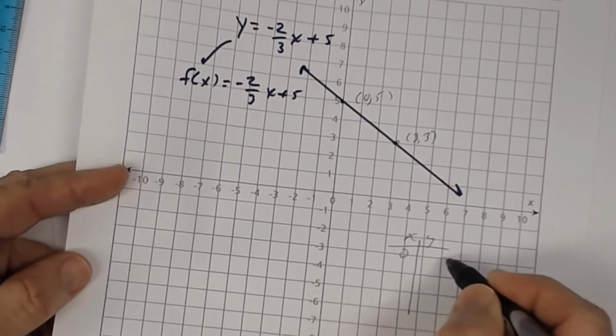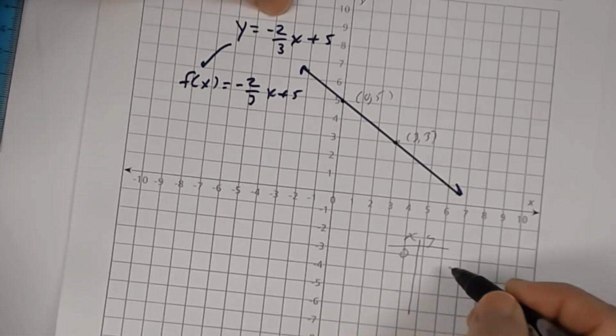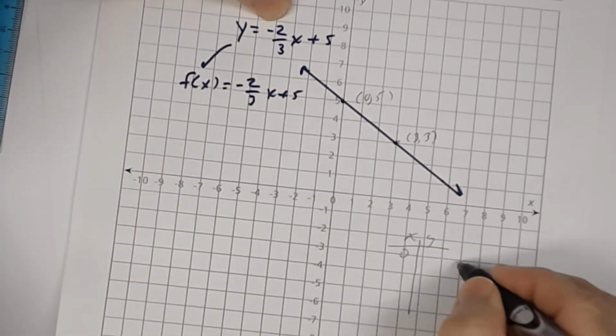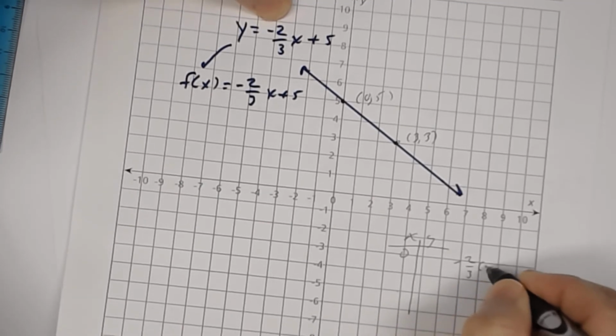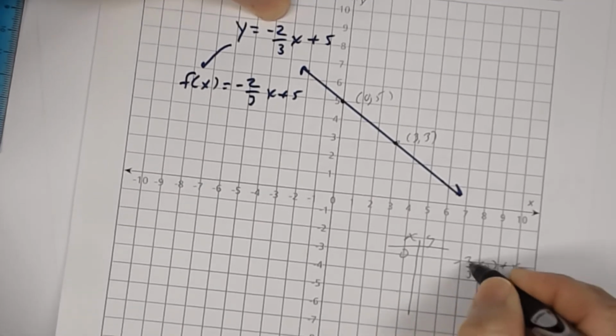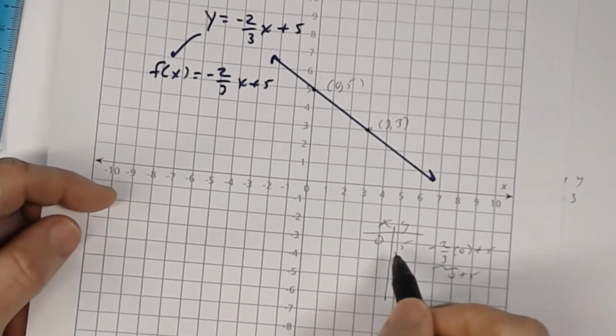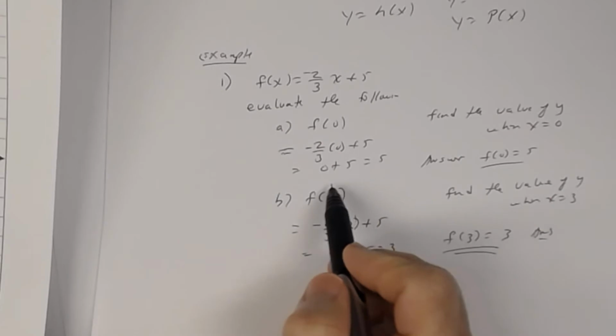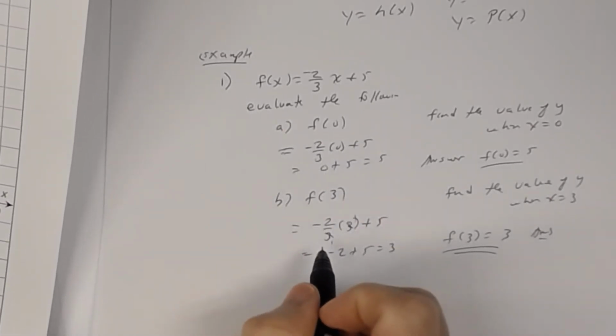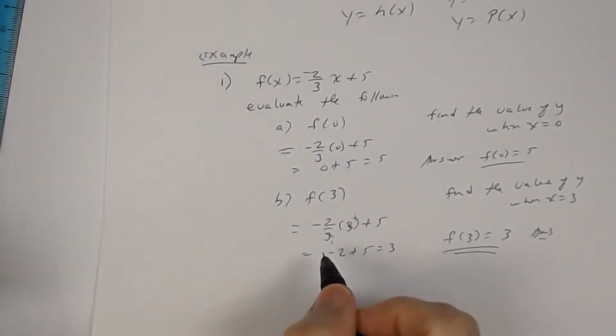You're saying when x is 0, you're finding the y value. So you go back up here to this one, and you'd say negative 2/3 times 0 plus 5. That's 0, and 0 plus 5 is 5. You see, you made the connection. This right here is this right here. The same thing, except we're using function notation.